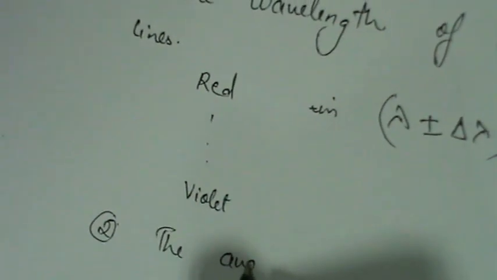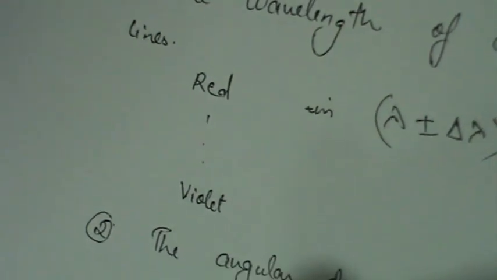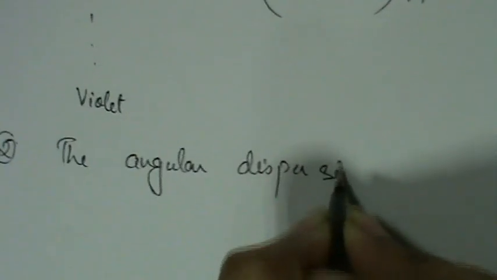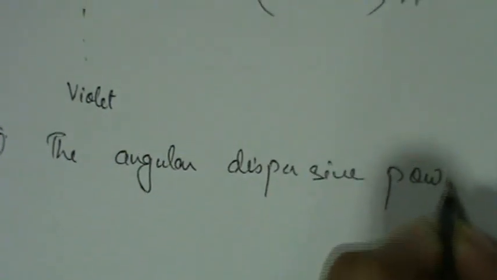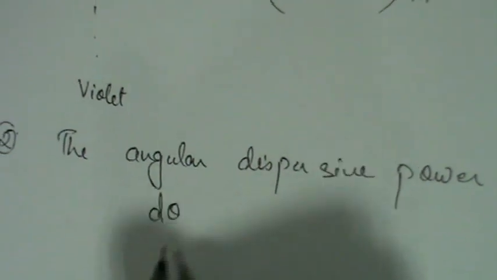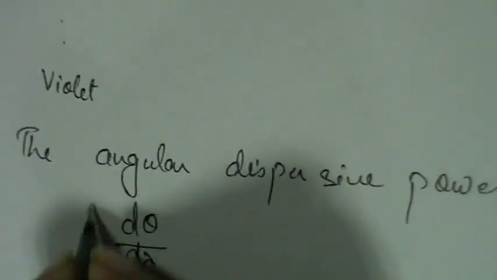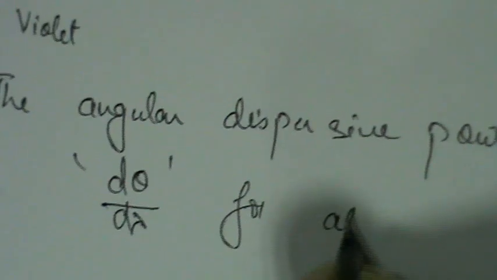Further you will mention the angular dispersive power d theta by d lambda for all the spectral lines.